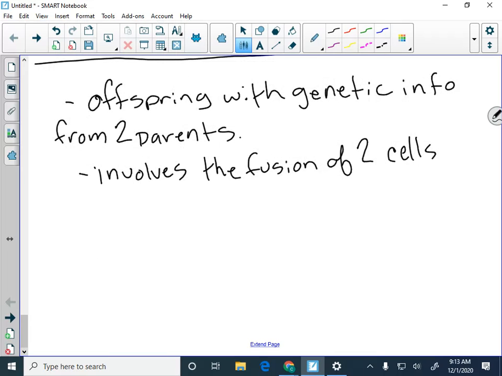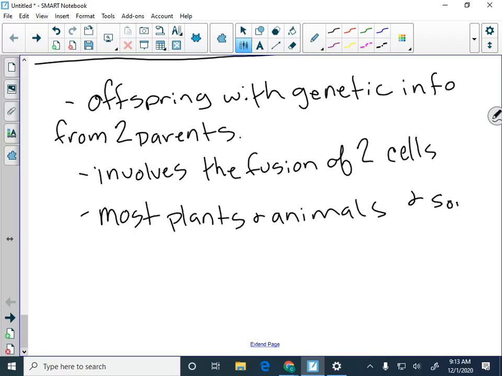So, like I said, this is most plants and animals. Like I said, some plants can reproduce via asexual reproduction, and some single-celled organisms.